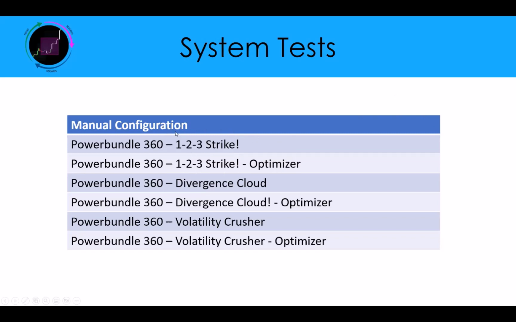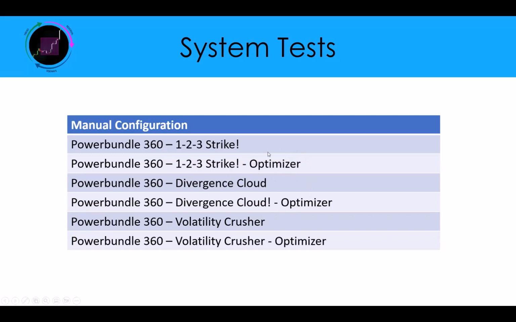One that will use the default parameters, and one that uses the MetaStock optimizer, the built-in optimizer, to find the best parameters for you when it comes to an automated strategy. Do not confuse this optimizer with the auto optimization feature for our indicators, because this optimizer is used for automated strategies.